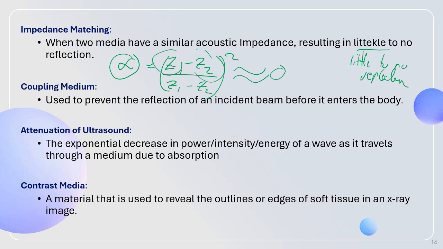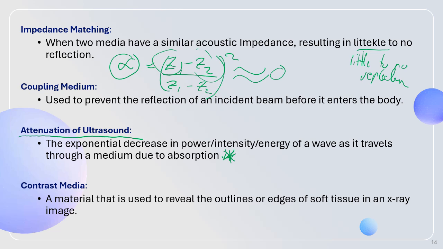We have attenuation of ultrasound: exponential decrease in power, intensity, energy of a wave as it travels through a medium due to absorption. Right. This is the definition of what attenuation of ultrasound is. You may need this definition, so you might want to keep it in mind or write it down.